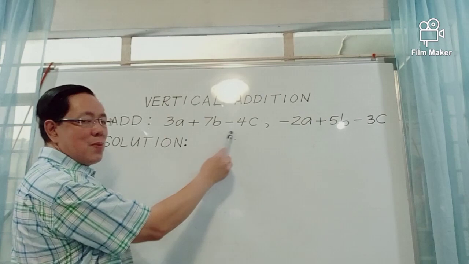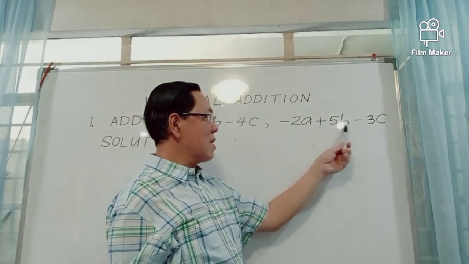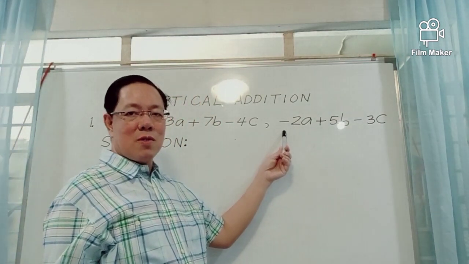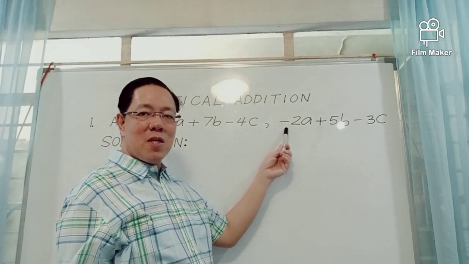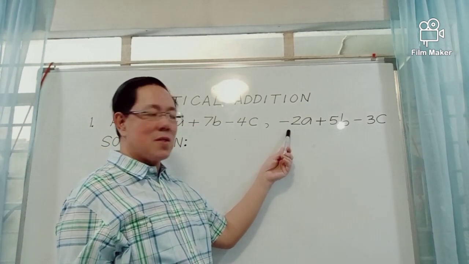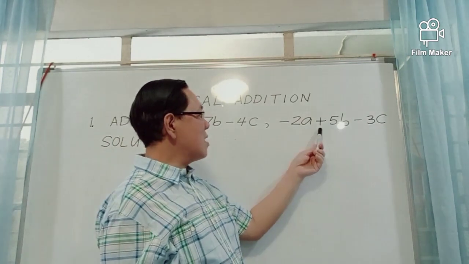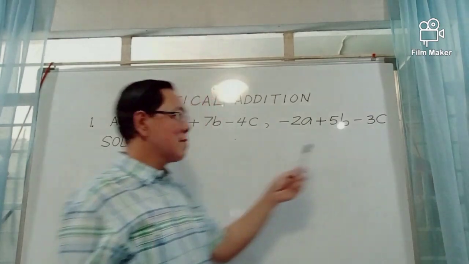To this algebraic expression, we add the second algebraic expression. This algebraic expression is also a trinomial because it also has 3 terms. We have negative 2a plus 5b minus 3c.